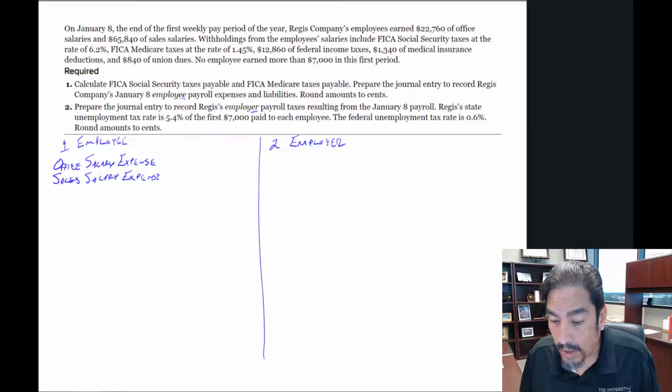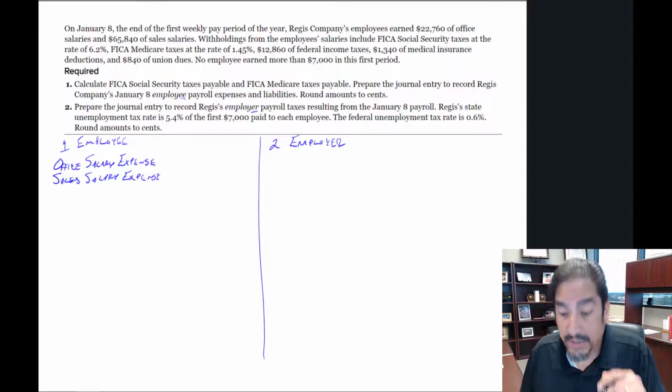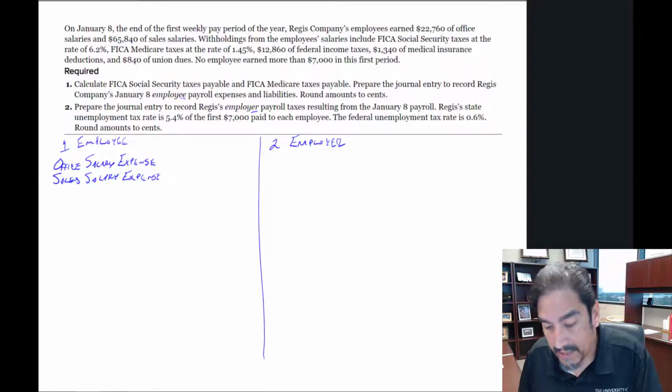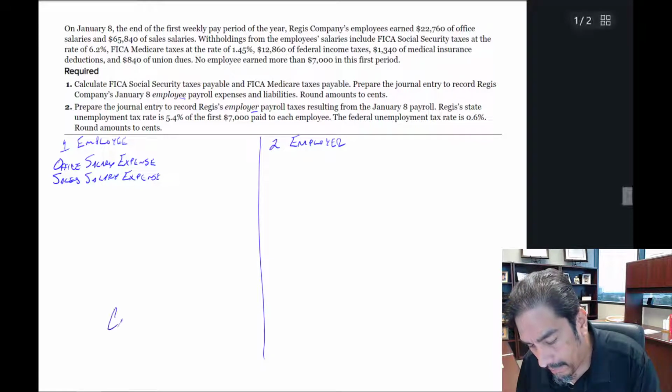Next, we want to record the net pay that we're going to pay out. So if we were paying out cash at the same time we're recording all of this, I'm going to leave lots of space to work. I'll put it way down here.